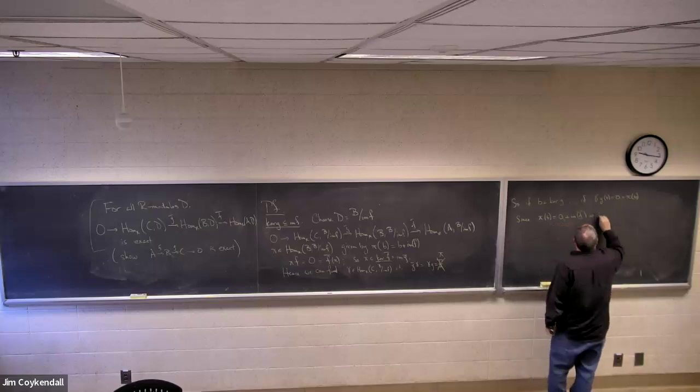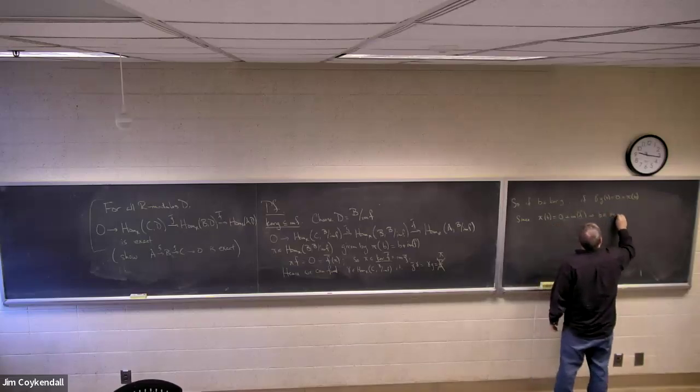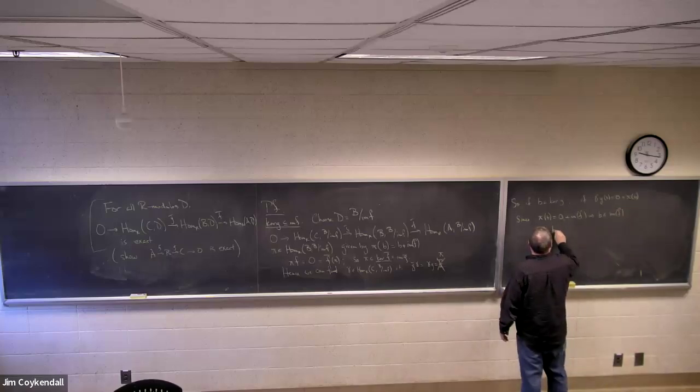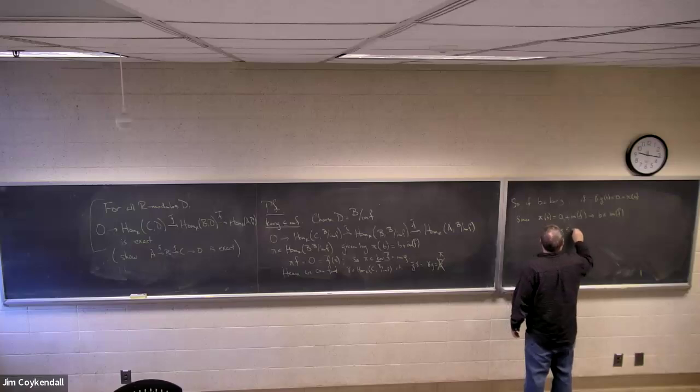This implies B is in the image set. Therefore, the kernel of G is the image.